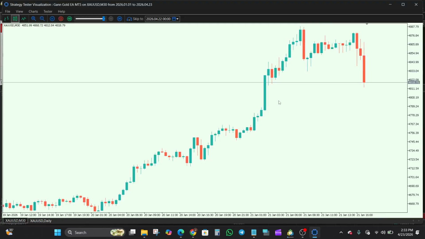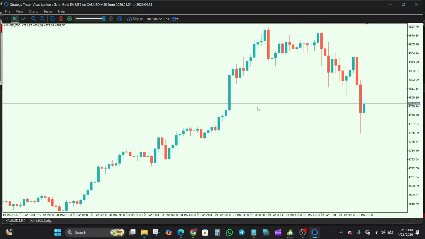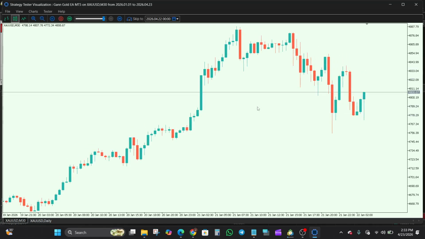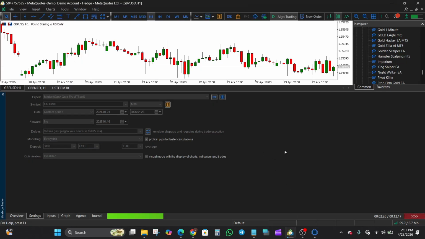with false breakouts. Now, looking at the overall results of this backtest, I'm just going to skip to the end, and we are going to analyze the overall results. We will likely be seeing quite a number of losses and, of course, a number of profits as well.